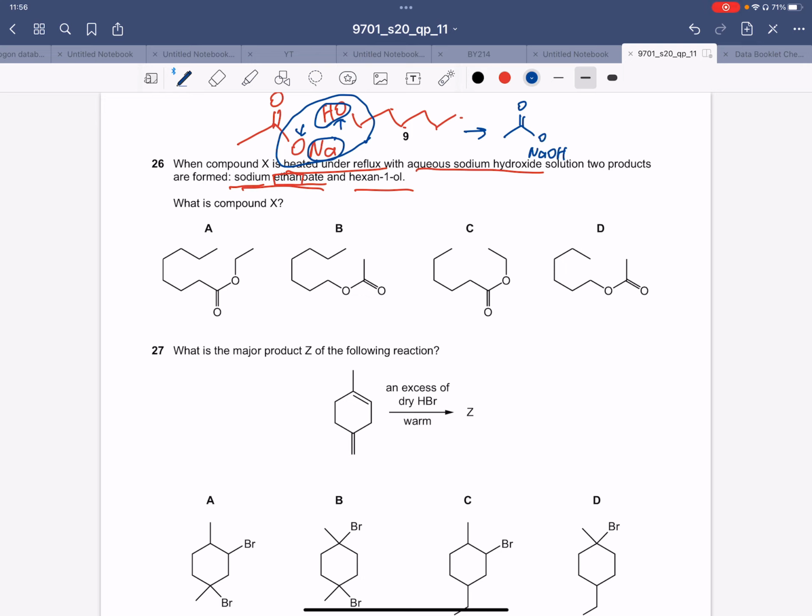Attach that O on there because it's still there, and then connect them. So let's see, 1, 2, 3, 4, 5, 6 carbons, like that. So this is the compound that you started with. This is our compound X, but they wrapped it around in a ring, as you guys can see.